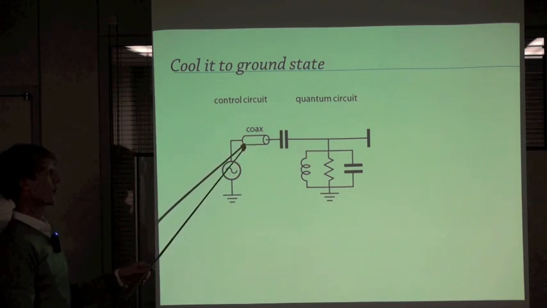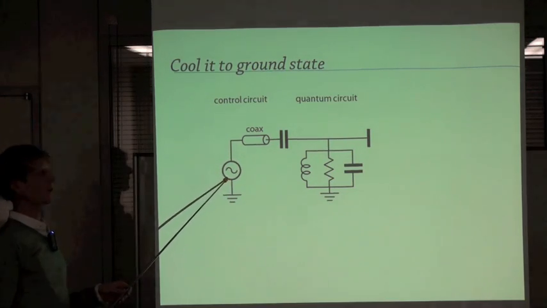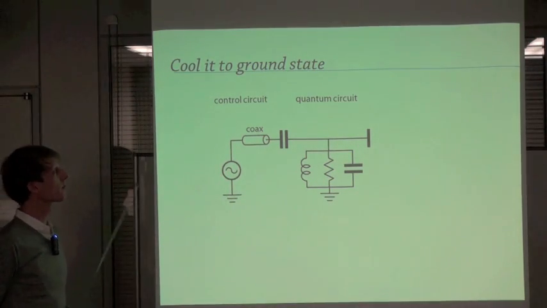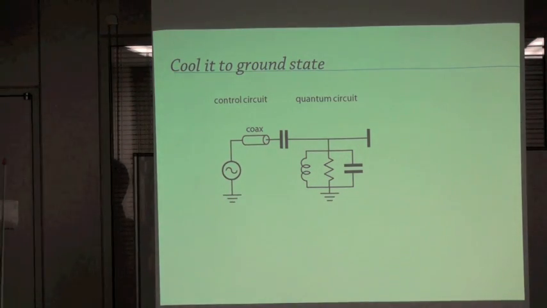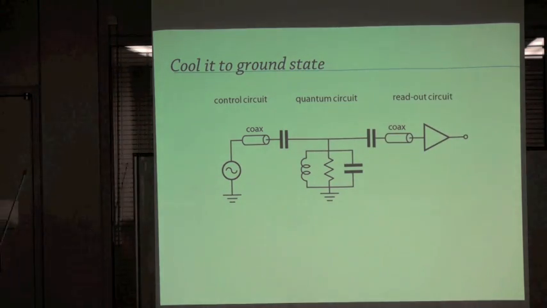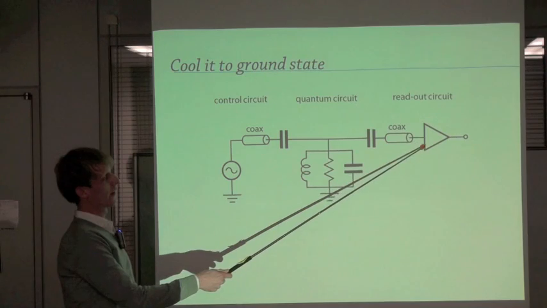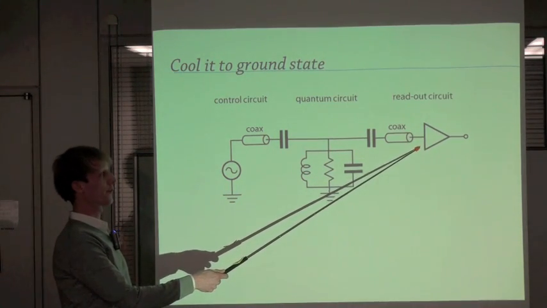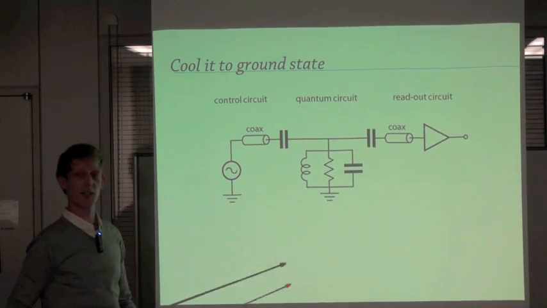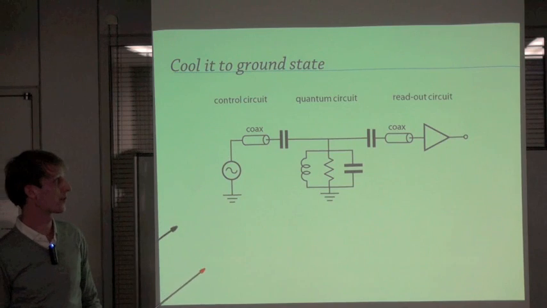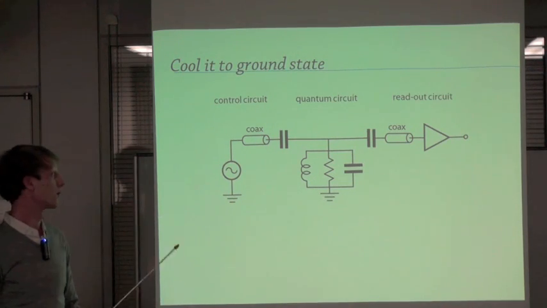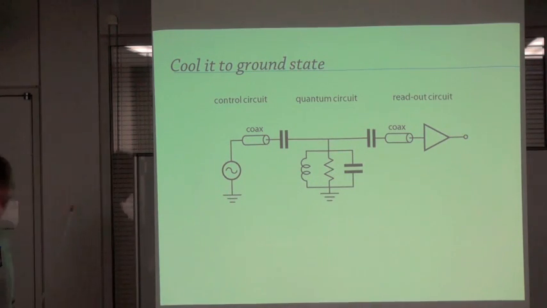So we have some coaxial lines and some microwave generators, which we use to control it. Then when we are done with manipulating it, we need to read it out. So on the other side, we have some more cables, a chain of amplifiers and filters, and in the end some detection. Typically, we use FPGAs to measure the signal.